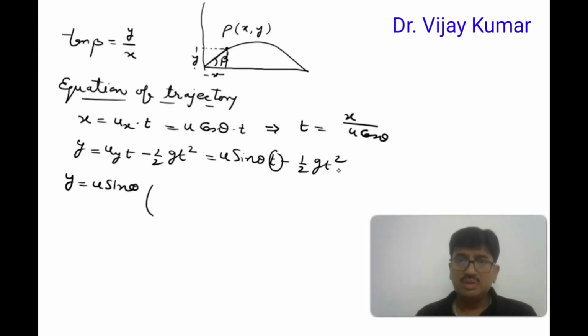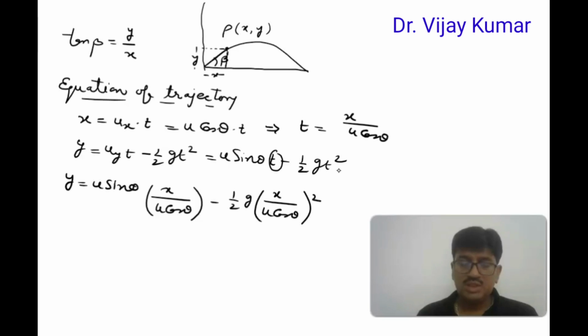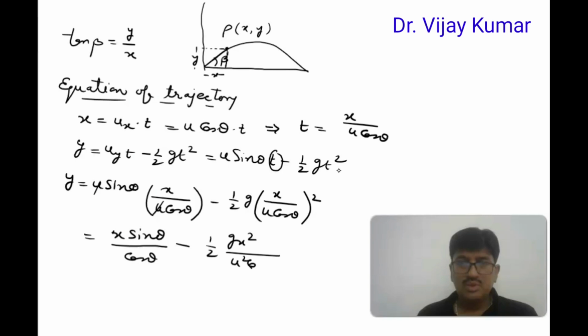So it becomes u sin theta into x upon u cos theta minus half g into x upon u cos theta whole square. The u cancels out, giving x sin theta upon cos theta minus half gx square upon u square cos square theta.